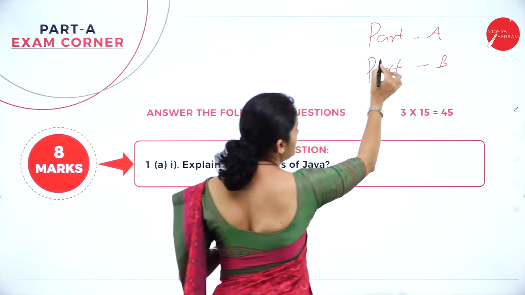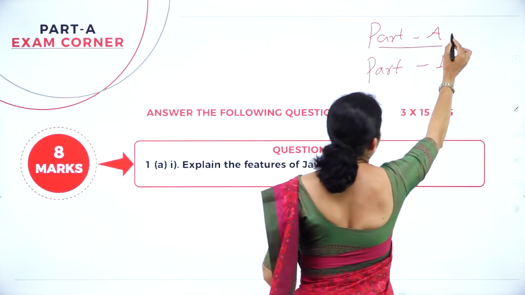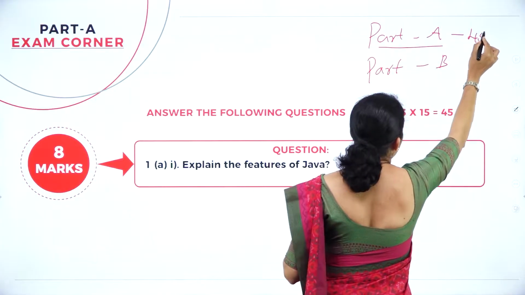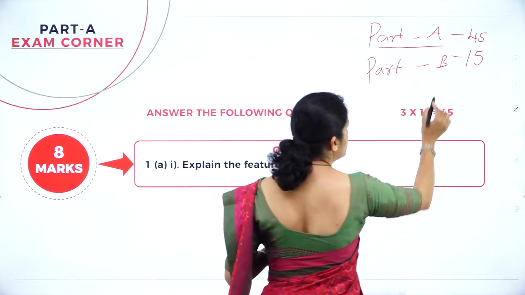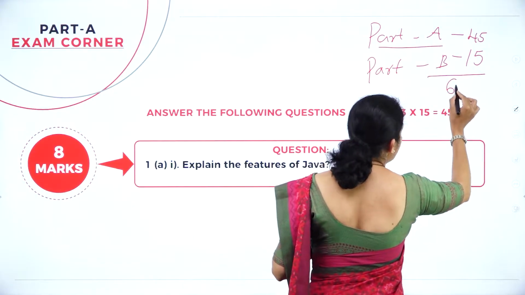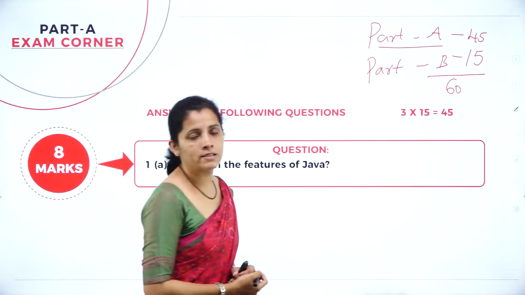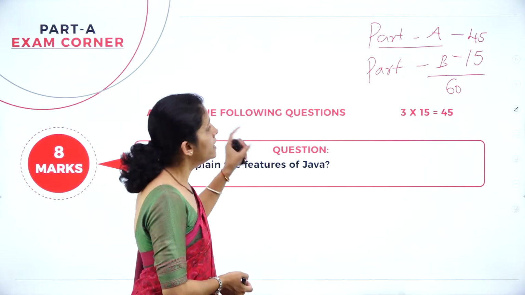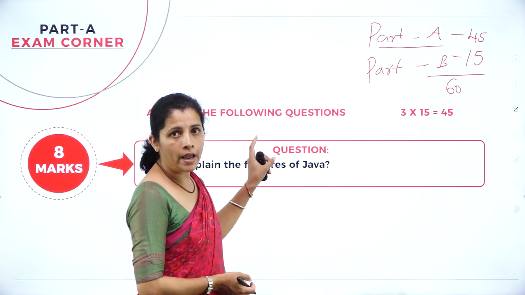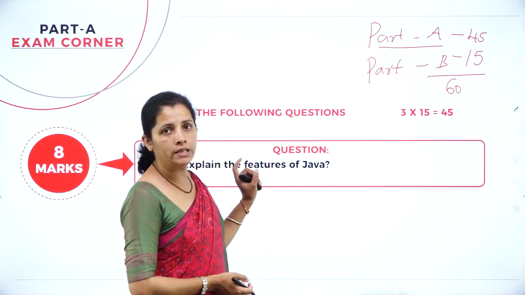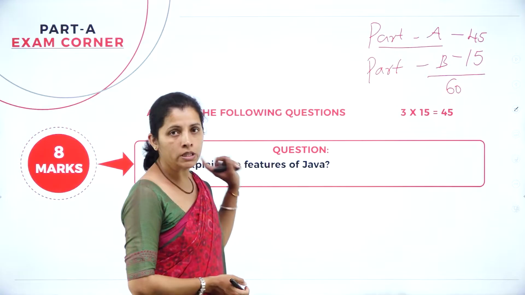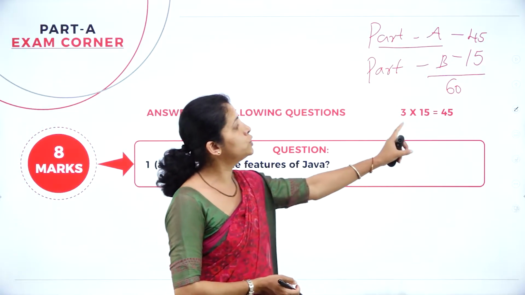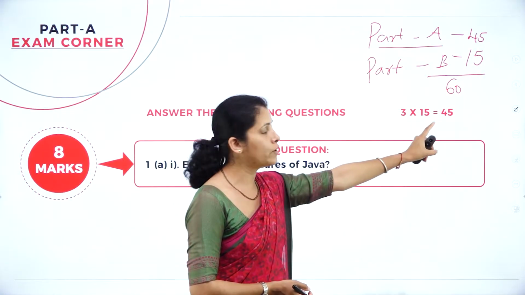If I consider part A, I have 45 marks, and part B is 15 marks. So total this paper is only for 60 marks. And if I consider part A, from each unit, I'm getting 15 marks. So 3 units, 3 into 15, so 45.